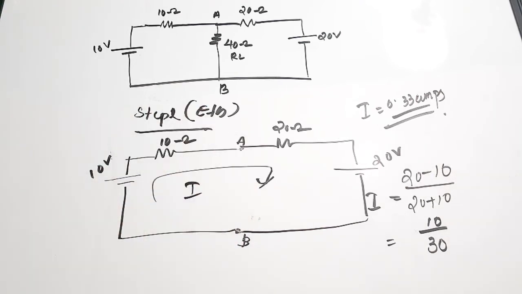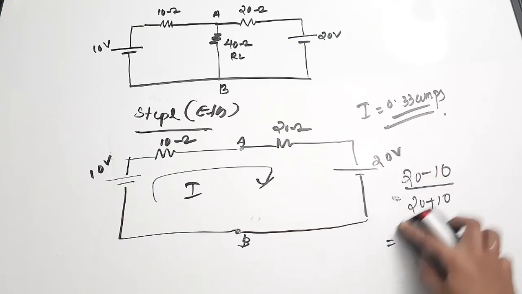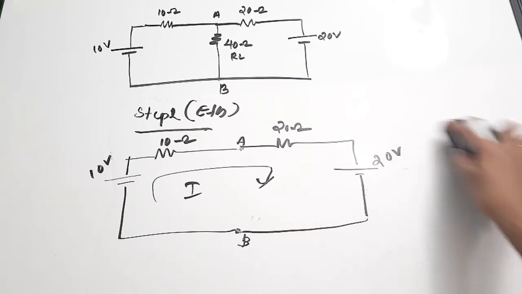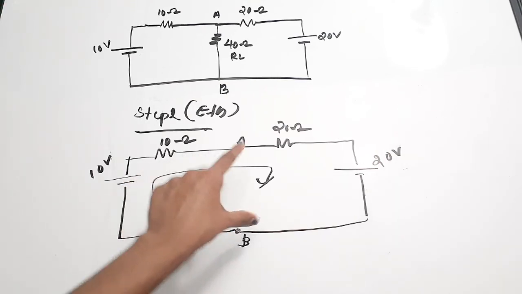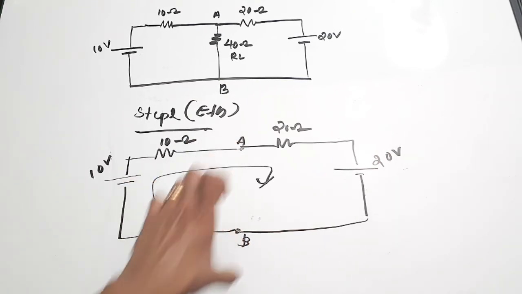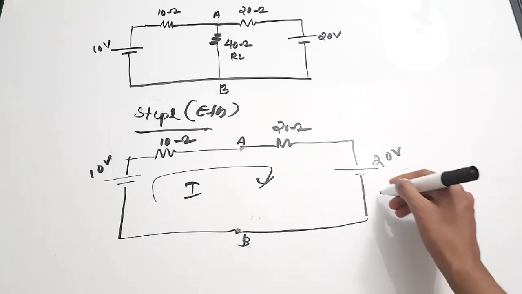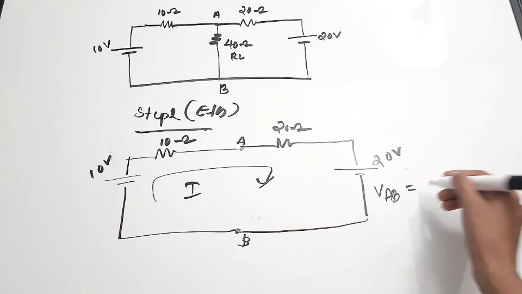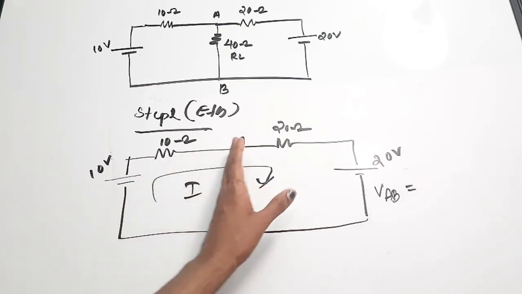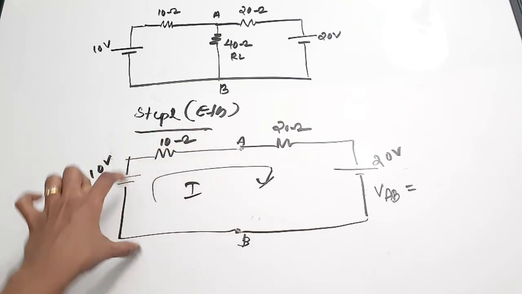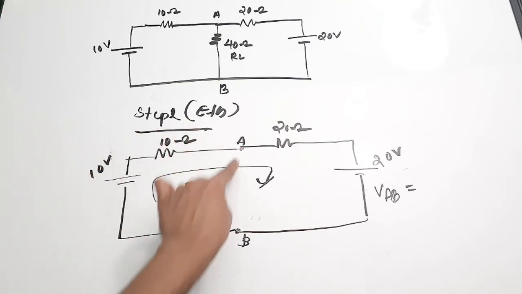Now we don't need the current, we require ETH, the equivalent voltage across the points A and B. To find the voltage coming at this point, we'll call it VAB. Consider this portion of the loop. We can apply KVL here and find the voltage coming here.